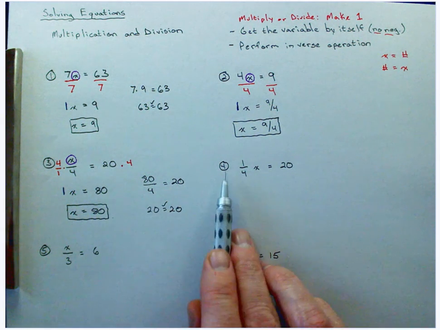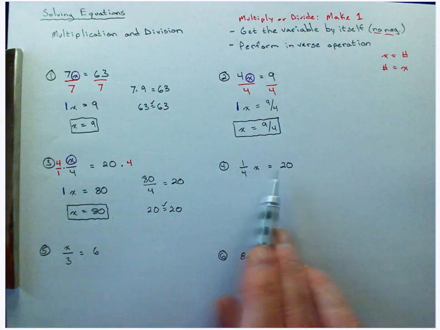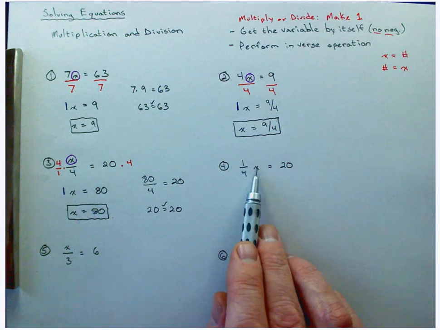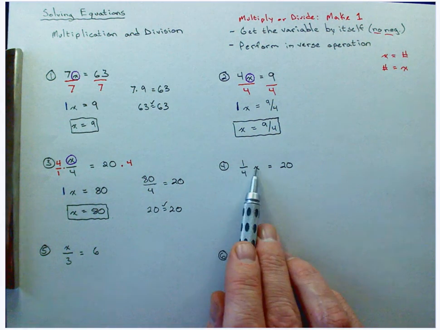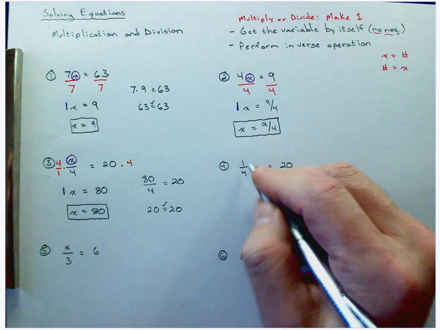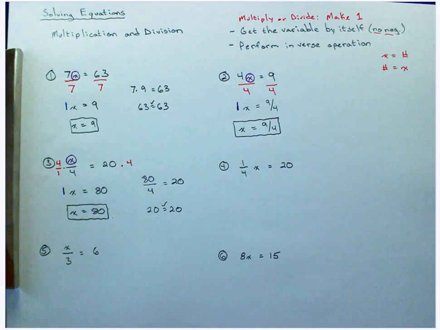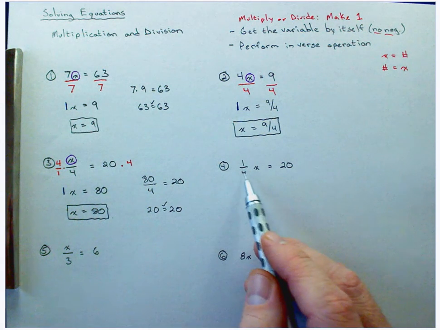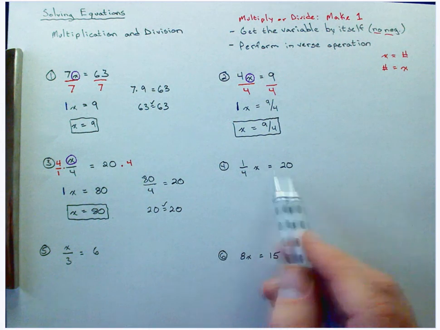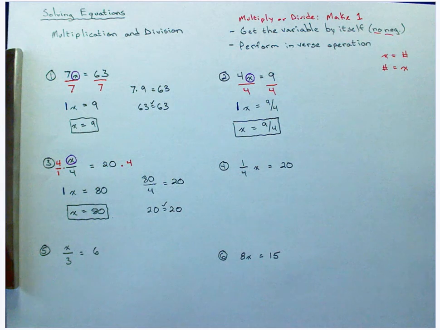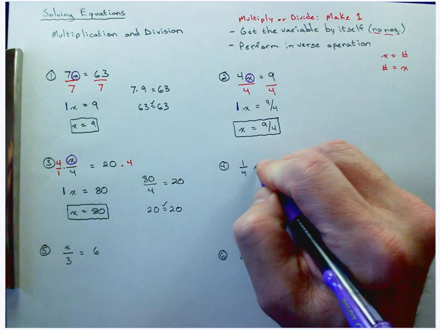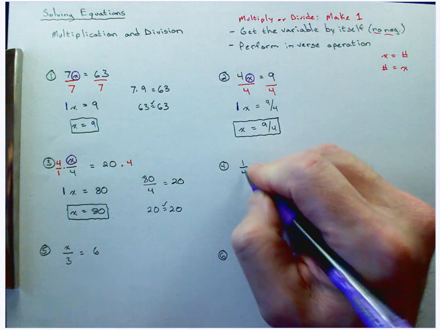Alright, same problem, except I've written it differently. Instead of having x in the place of 1, I've just pulled x over to the side to where 1/4 is my coefficient. So I have the number 1/4 x equals 20. What's with x? 1/4, and I need to get x by itself, right? So how do I turn 1/4 into a 1?